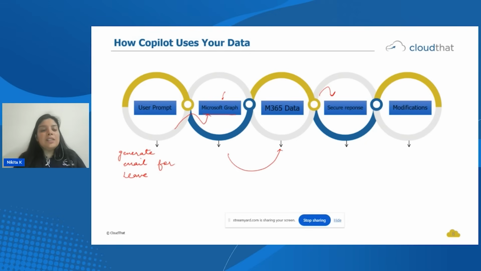Copilot uses the security in the environment. Whatever policies are set up by your compliance tool, it will follow. Let's say I have one file, and that particular file is your legal file.